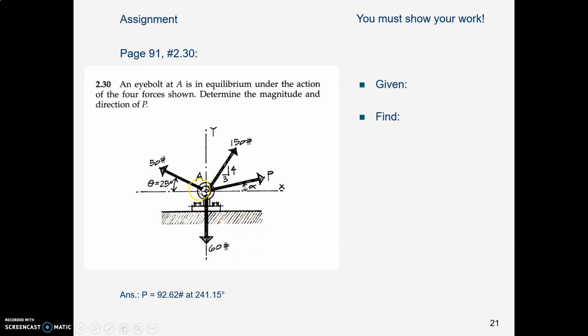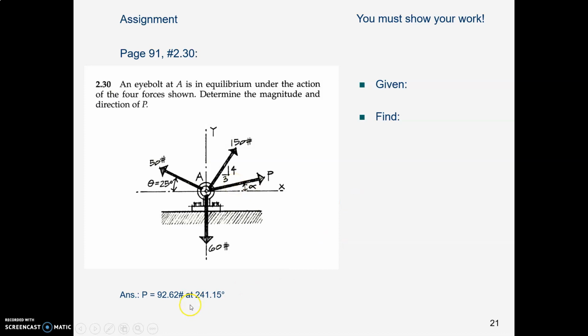So here's 180 degrees over here, the horizontal line on the left. 241 is even further below that. So it looks like our force P is actually starting at this center point here and pulling down and to the left. That's what direction P is going.